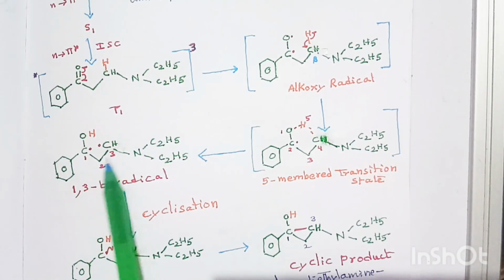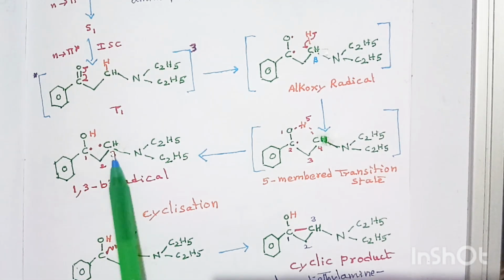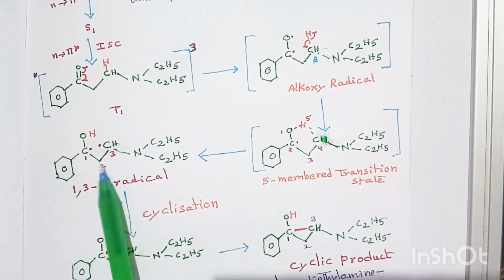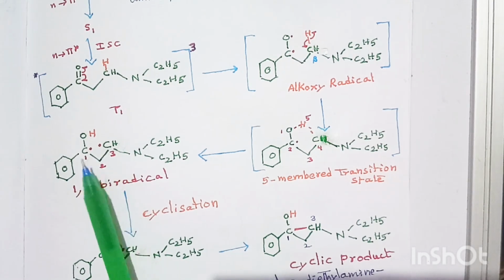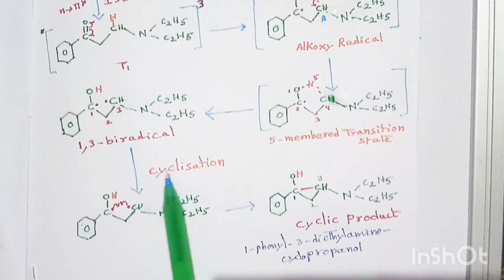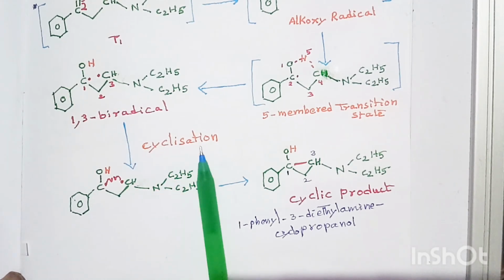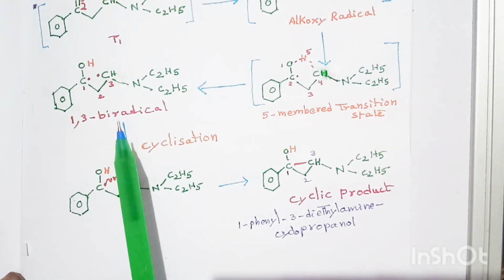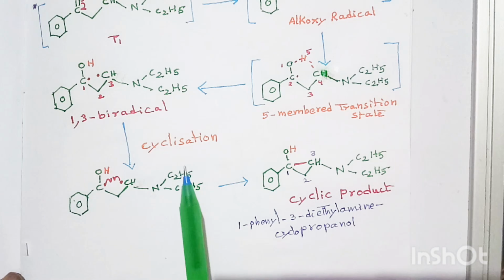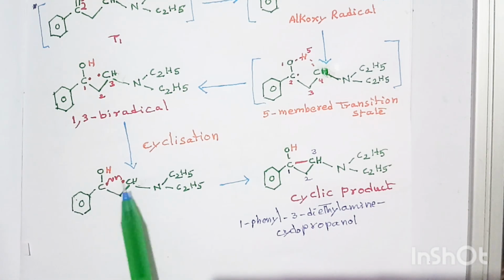So we get a 1,3 biradical. This 1,3 biradical will undergo only cyclization because it does not have a gamma hydrogen, so it cannot undergo beta cleavage.